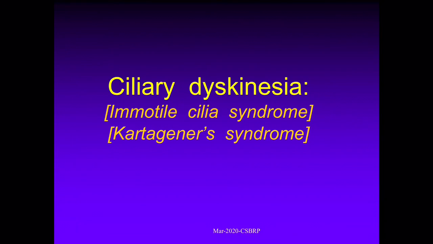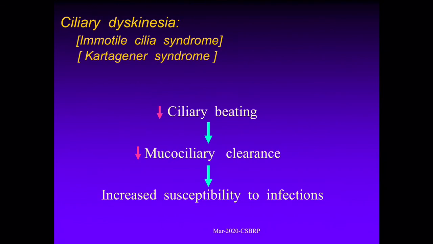Coming to the individual cases like ciliary dyskinesia, which includes immotile cilia syndrome and Kartagener syndrome, here there is a ciliary abnormality. If you recollect, the respiratory passages are lined by tall columnar type of pseudostratified ciliated epithelium. So these cilia beat in a rhythmic fashion, propelling the contents towards the oral cavity.